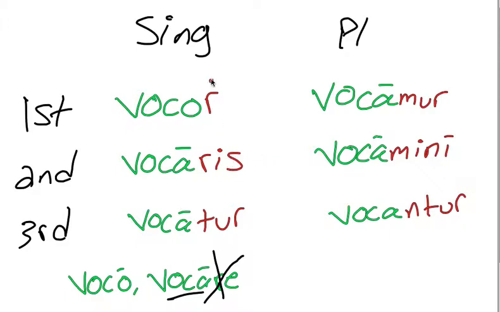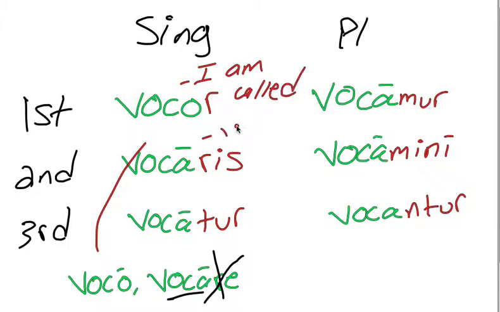Now, there is a difference in the translation. Voco by itself would be I call, but vocor is I am called. It's passive. It's being done to me. Vocaris, you are called, or you could say you are being called. That being part is optional.